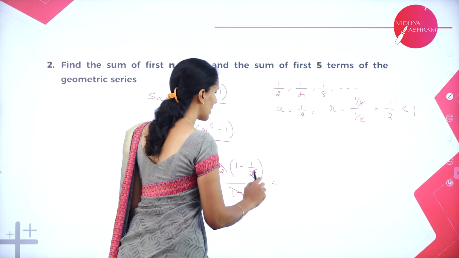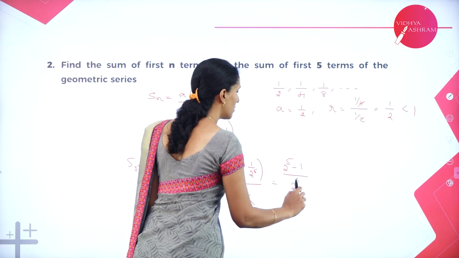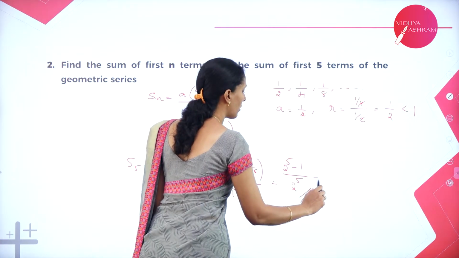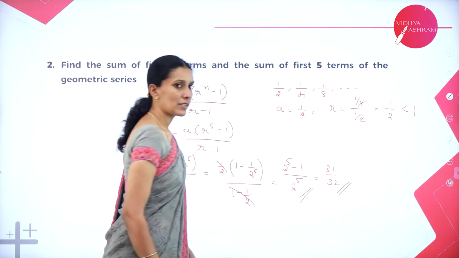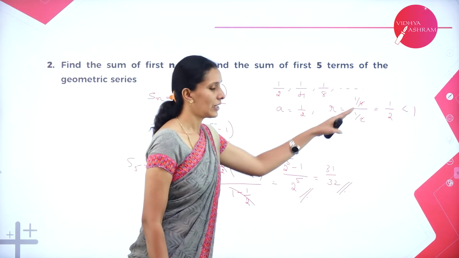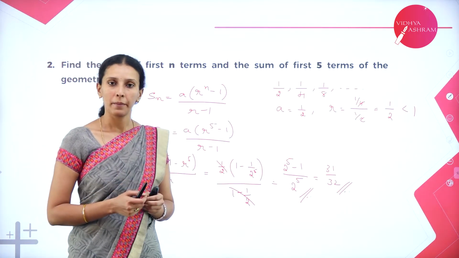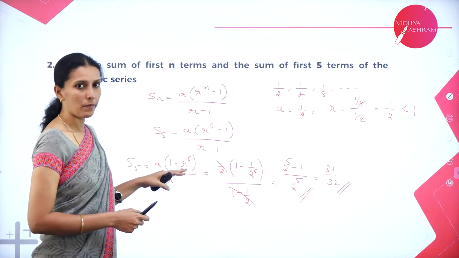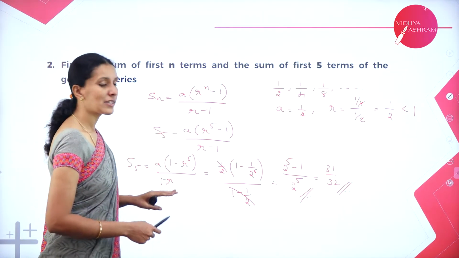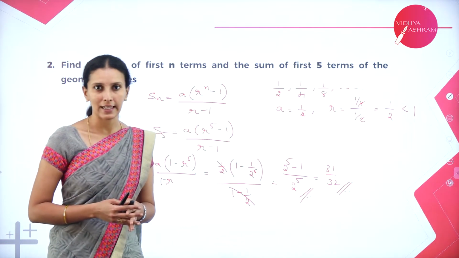So this can be written as (2 power 5 minus 1) divided by 2 power 5, or you can write this as 31 by 32. So this is the sum of the first 5 terms of the given series. Like this, you can find many geometric series as examples, and you can use the formula either this or this, by considering the value of r less than 1 or greater than 1.